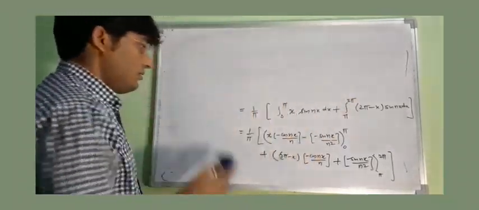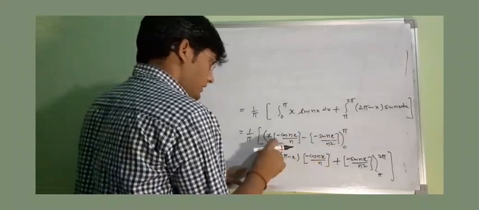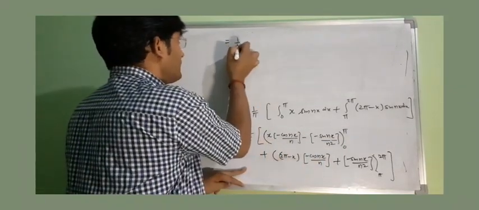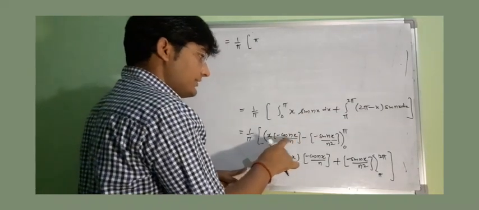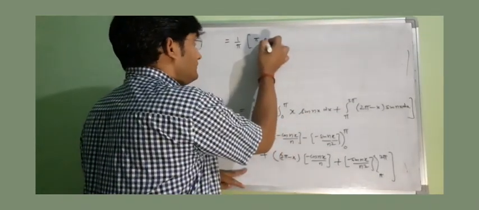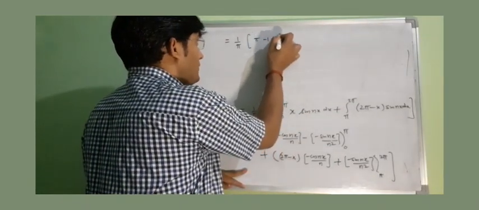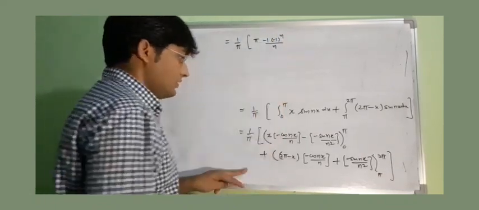So if x equal to pi, then we will have pi into minus cos n pi, and minus cos n pi is minus 1 to the power n upon n.